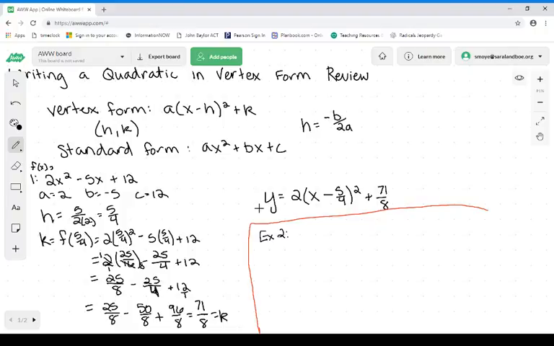Use the same process and find the vertex form. Rewrite it in vertex form: -2x^2 + 8x + 3. Write this quadratic in vertex form. I'll give you a few seconds to get going on that.